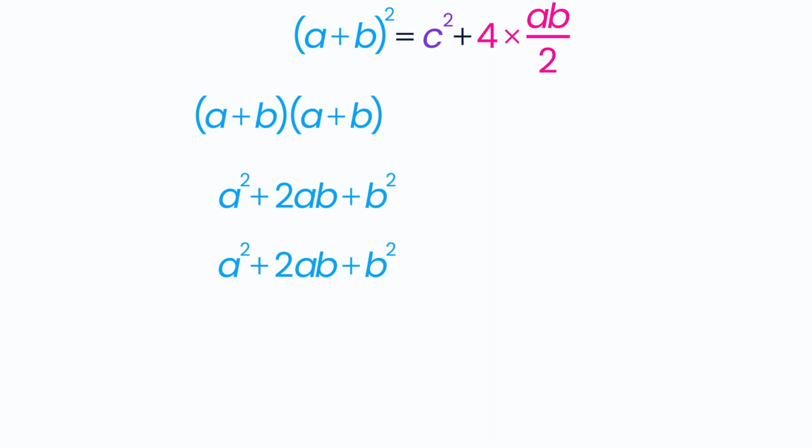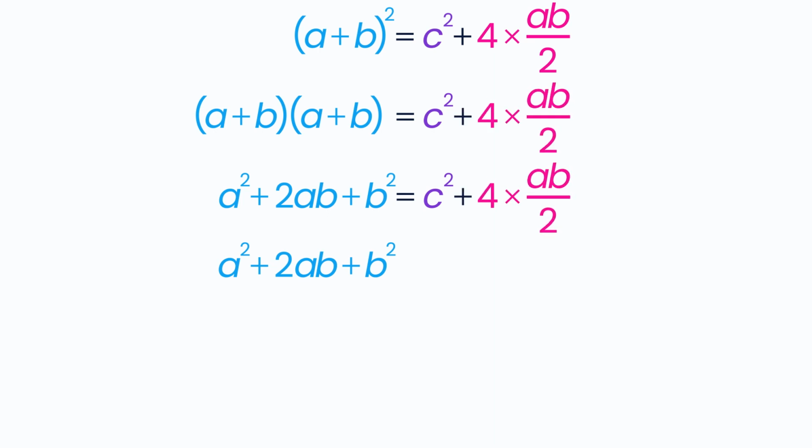The right side of the equation is c squared plus 4 times ab over 2. You cancel 4 against 2, which leaves 2 in the numerator. So 4ab over 2 equals 2ab.